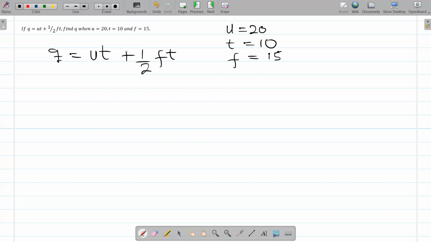Okay, UT plus half FT. I suppose the half is multiplying the FT, isn't it? Yes, it is. Okay.